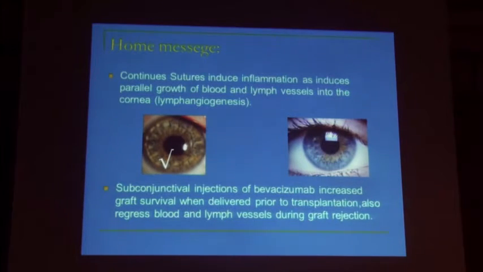The last thing: subconjunctival injection of bevacizumab, delivered prior to transplantation, increases the graft survival rate. It also regresses the blood vessels and lymph vessels during graft rejection in high-risk patients, and could be injected periodically according to the severity of the vascularization.